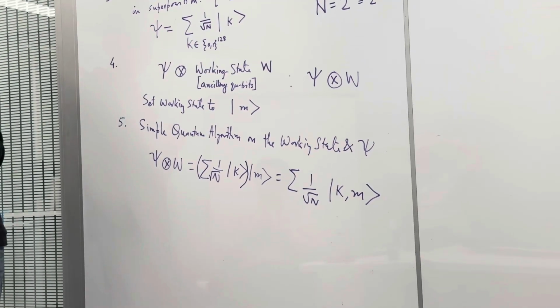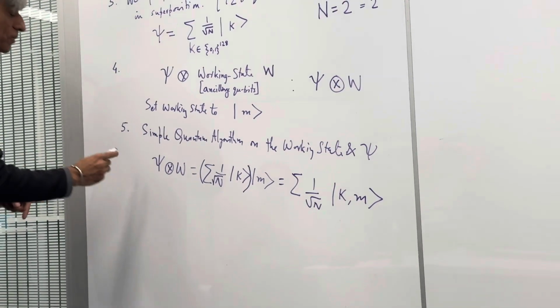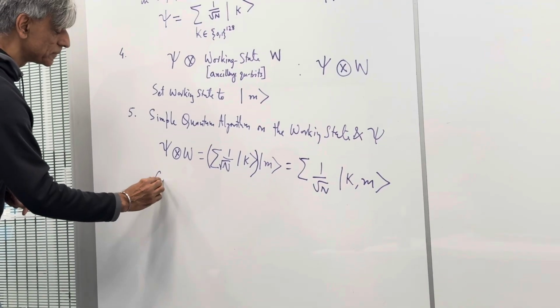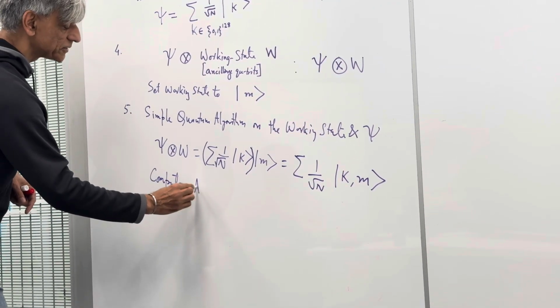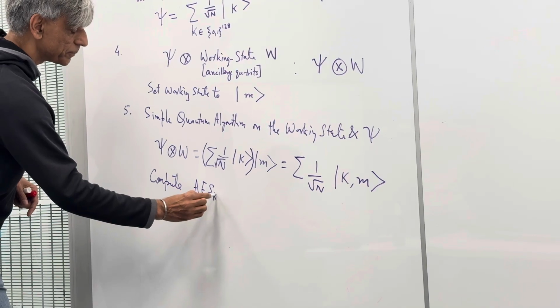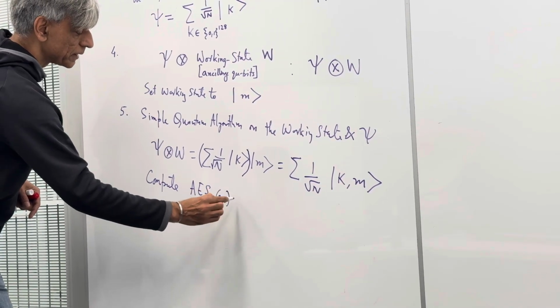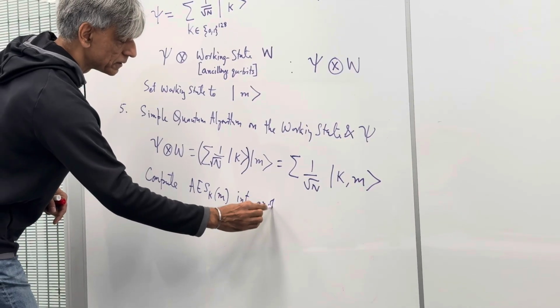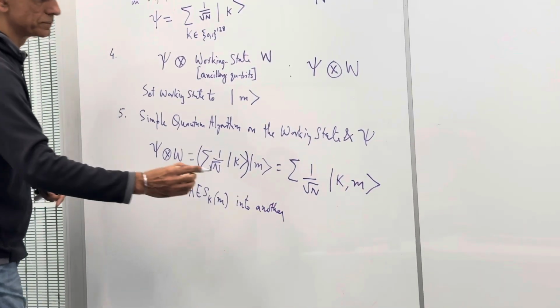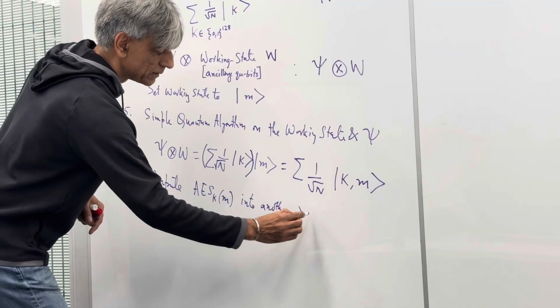All right. So what we do now is compute AES k of M into another lambda qubits.